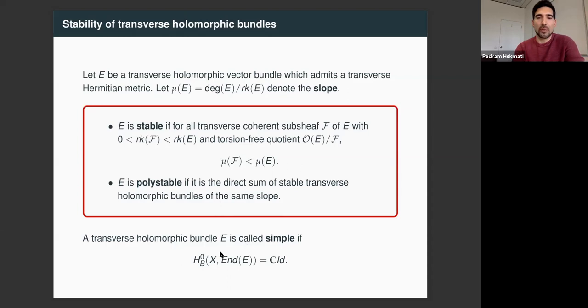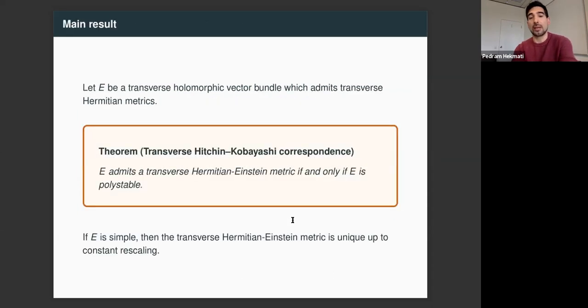And if the bundle doesn't have any non-trivial basic holomorphic endomorphisms, meaning all of them are multiples of the identity endomorphism, then the bundle is called simple. So in particular, transverse stable implies that it's simple. And then the statement is pretty much the same as in the non-foliated setting, but there are a few subtleties that we surmounted.